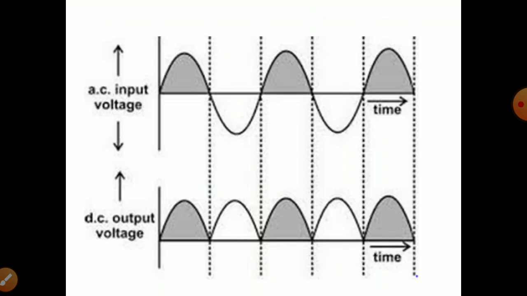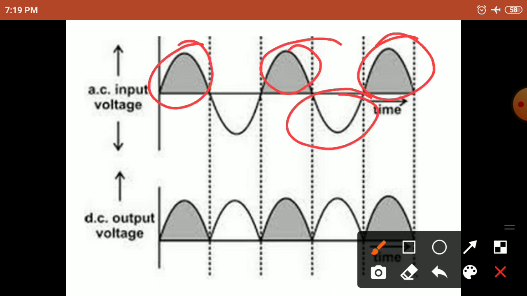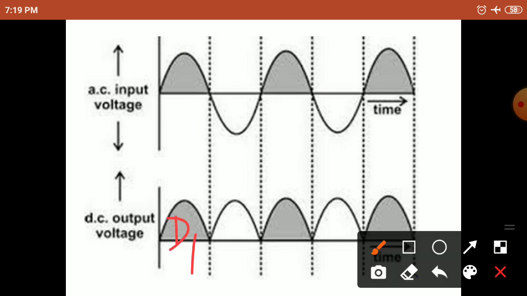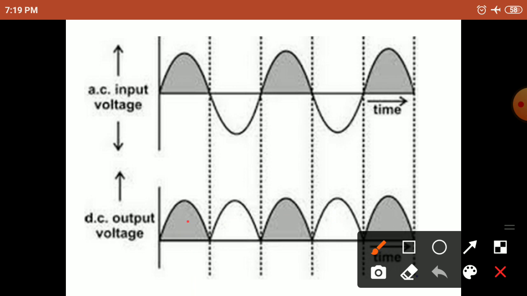And the waveforms I already explained. This is the positive half cycle, this is the negative half cycle. In the positive half cycle it is diode D1, then diode D2. Once again D1, D2, like this the cycle will continue. This is due to the action of diode D1, this is due to the action of diode D2.